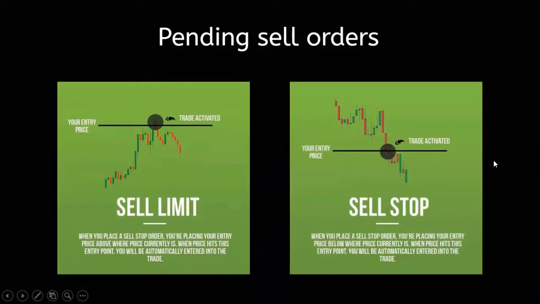For the sell side right now, we have a sell limit. So when you place that type of order, your entry price is above where the price is currently. And if it hits that price, it's going to engage you into a sale right away.